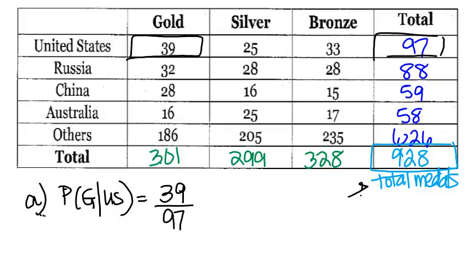So the percentage was 39 golds out of 97 US, which gives me about 0.40, which is 40%. Pretty easy, huh? The tables make it really nice when you're doing the given conditional probability. It makes it very, very easy.